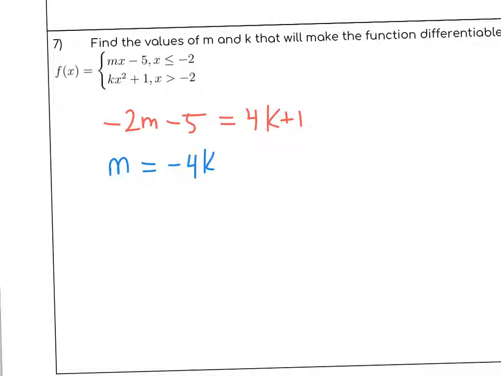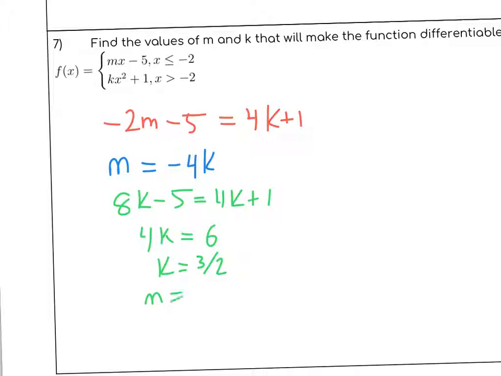So if I plug that in, we've got 8k minus 5 is equal to 4k plus 1. We get 4k is equal to 6, which means that k is 3 over 2. And that would also mean that m is going to be -6.